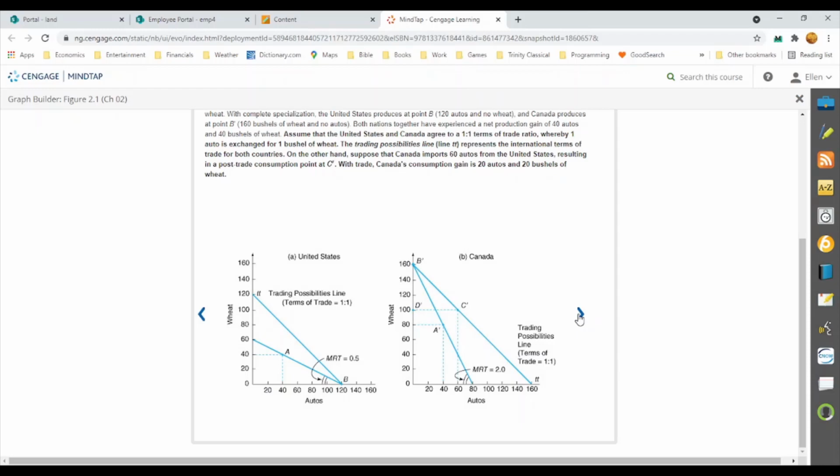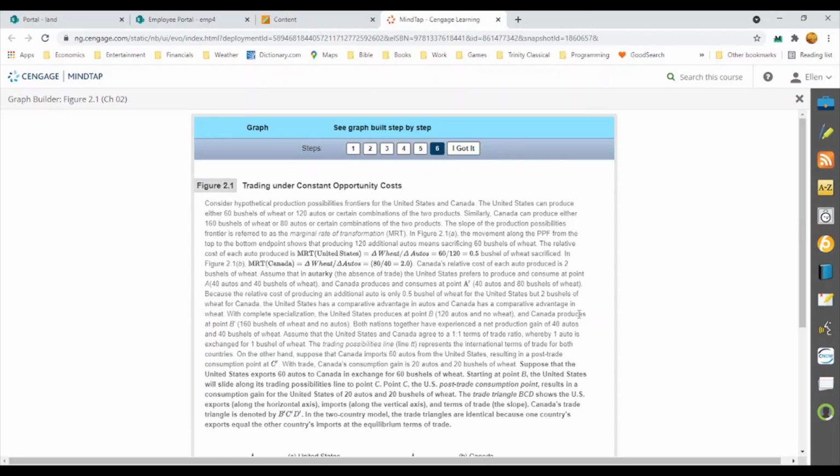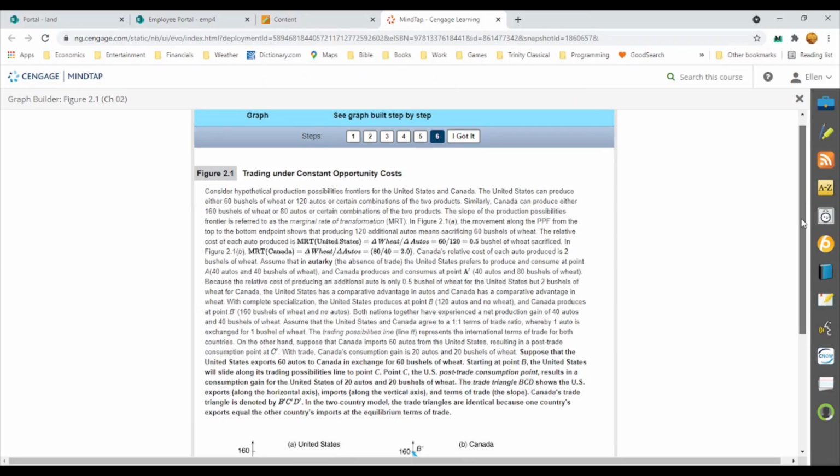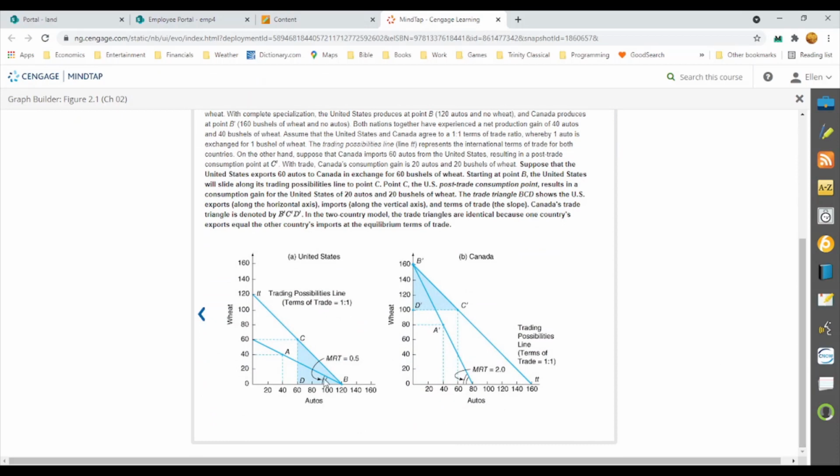So we are going to assume that the United States can send 60. They're going to send 60 automobiles. So we're going to produce at B. We're going to sell 60. And that means we're going to get to keep 60. And because the terms of trade was assumed to be 1-to-1, then every one of those automobiles brings us in exactly 60 wheat.